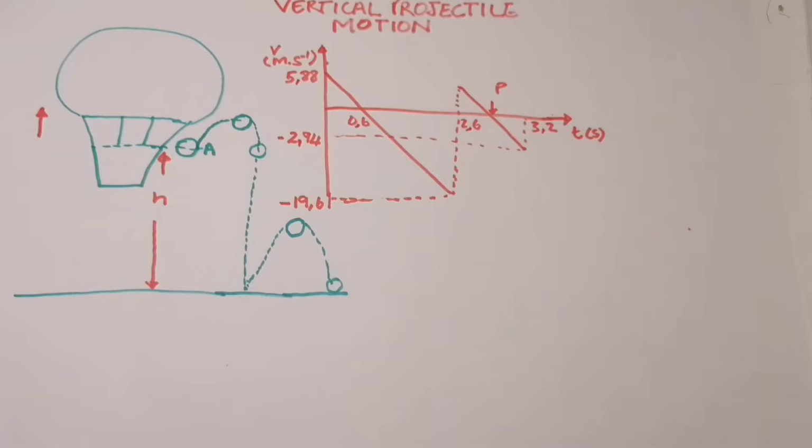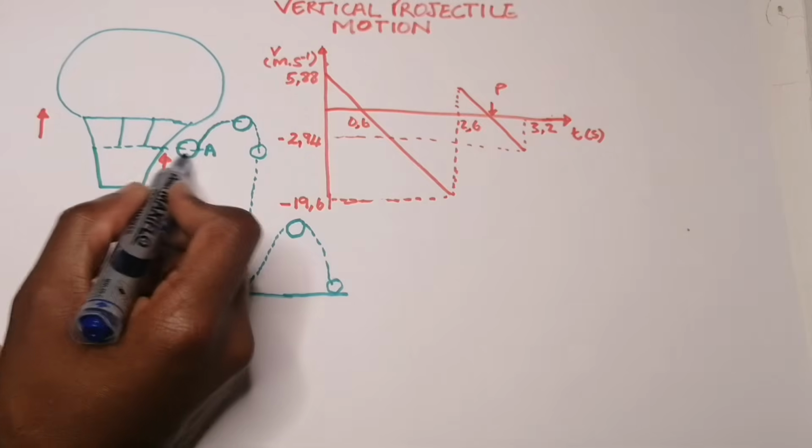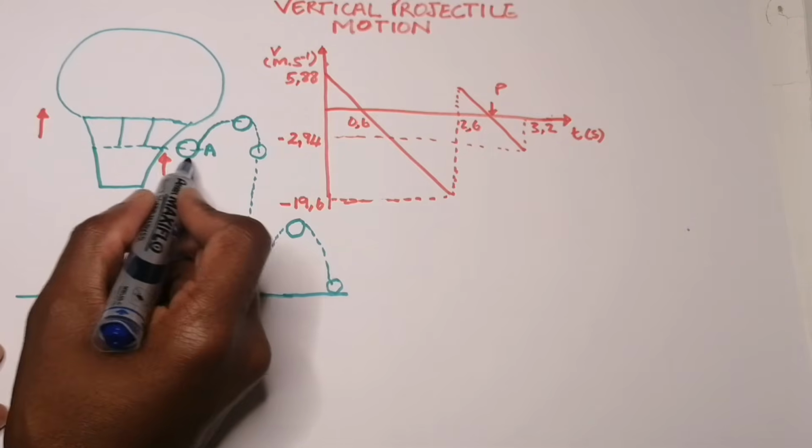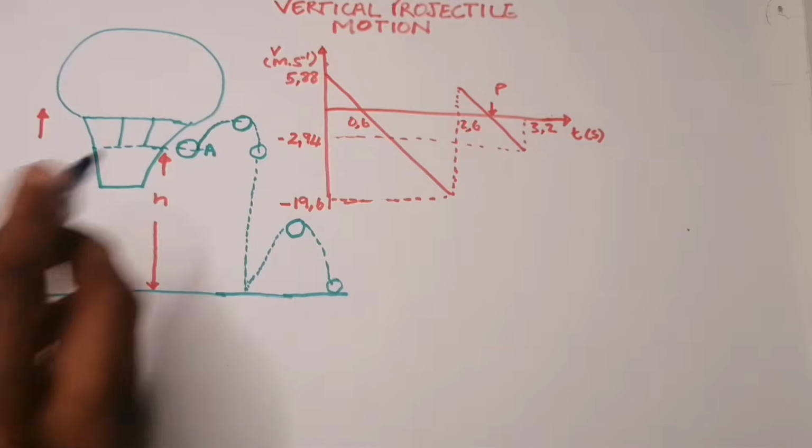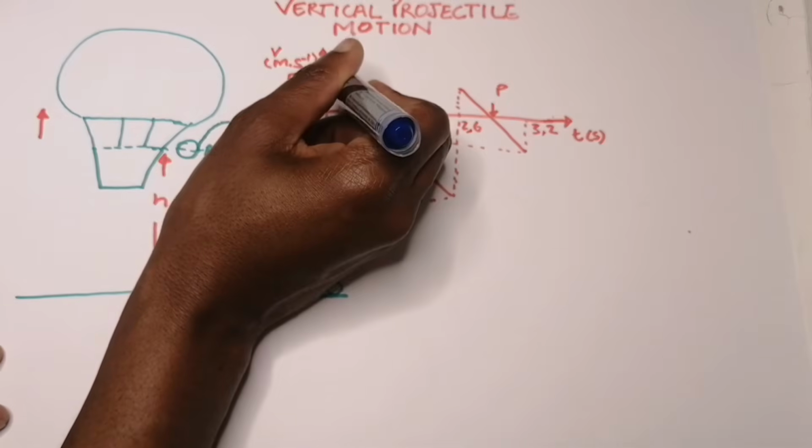So what I want to do is label my points and relate that to the graph. So we've got position A. Where would position A be on the graph? It would be the initial point where I start, so it would be that point over there.